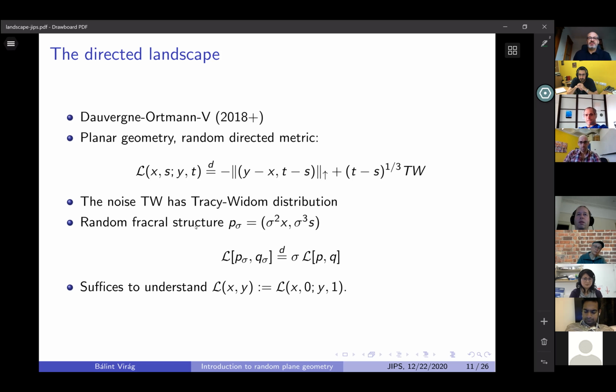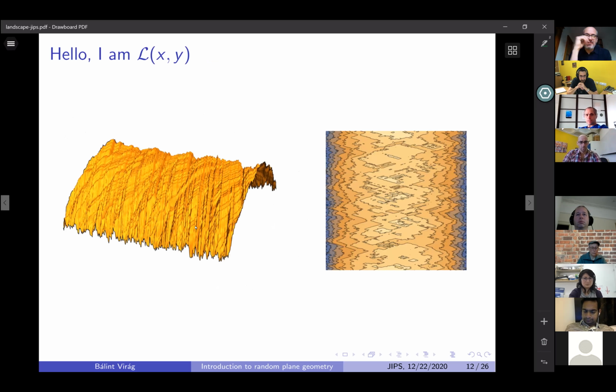Okay, so this L(x,y) is now a 2-parameter function, and I want to tell you where this thing comes from. So here is what L(x,y) looks like, by the way, this 2-parameter function. You can see there is a parabola in the stretched Euclidean metric, and you can see on the left the shape of the parabola. So when you go down the parabola, that means x and y get far away from each other. And when you go on the ridge of the parabola, that means x and y are the same and just changing.